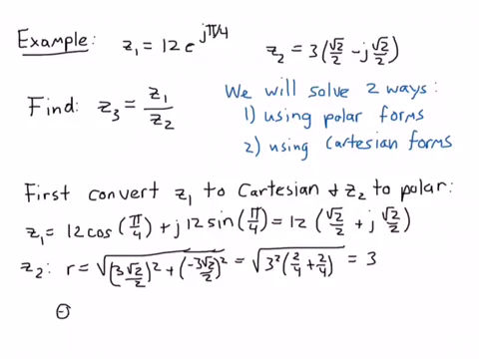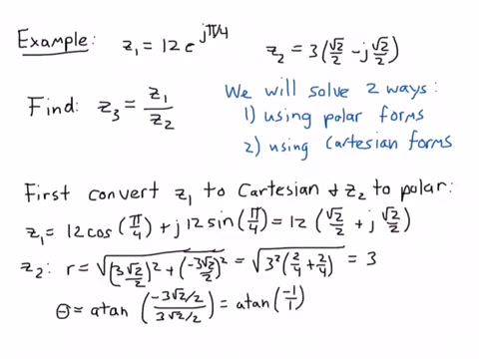And the angle, theta, is the arctangent of the imaginary over the real. So of minus 3 root 2 over 2, that's the imaginary part, over the real, which is 3 root 2 over 2. So it's the arctan of minus 1 over 1. I'm keeping the sign here associated with the numerator, so that tells us which quadrant it's in.